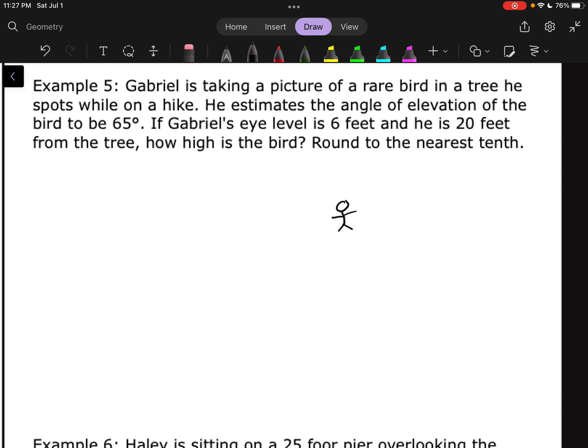Okay, so let's see here. We've got Gabriel, and he is looking up to a bird in a tree. Now, I'm just going to draw the tree. Here's the tree.